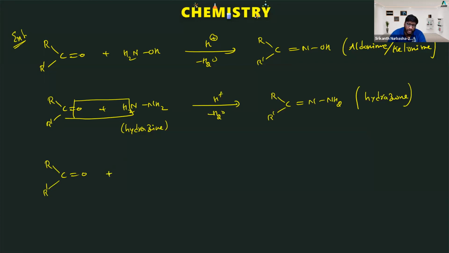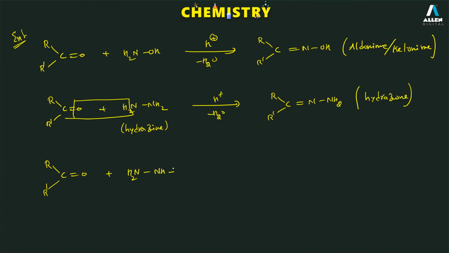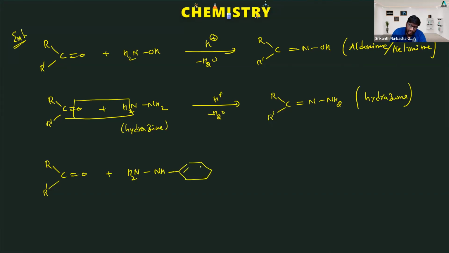R C double bond O R dash with 2,4-DNP. What is 2,4-DNP? 2,4-dinitrophenylhydrazine, with NH2 NH, and NO2 and NO2 on the ring. This is simply called 2,4-DNP.